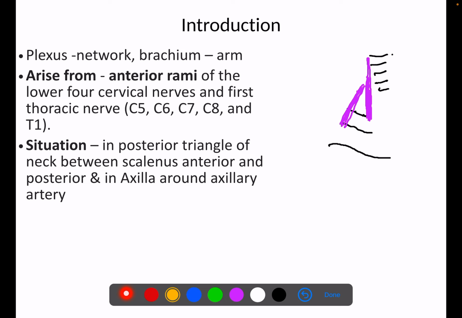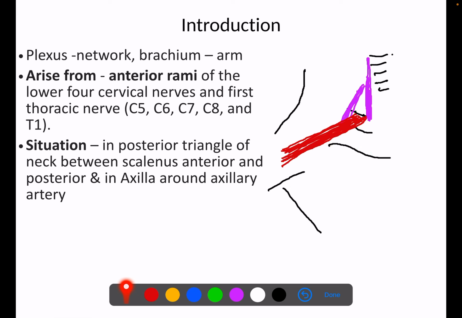around the axillary artery. So just understand, suppose this is the neck and here is the part of shoulder. We all know that at the outer border of first rib, the subclavian artery continues as axillary artery. This is clavicle, and we have cut the clavicle.